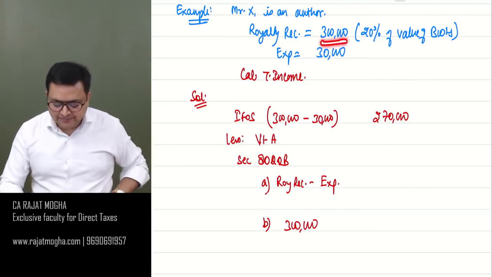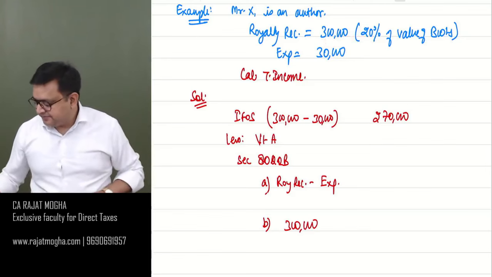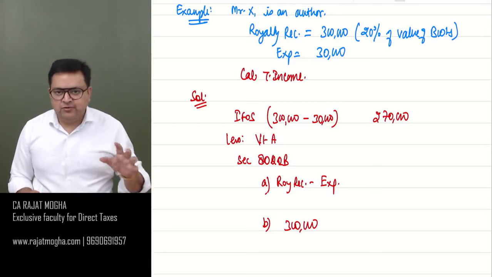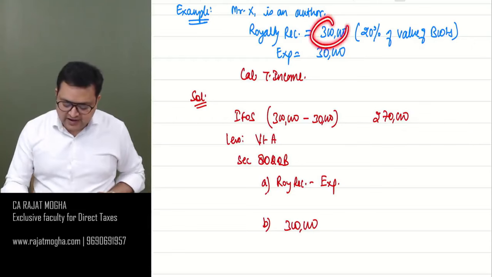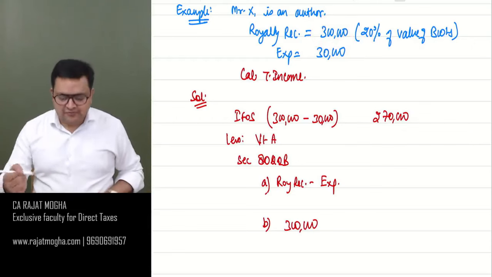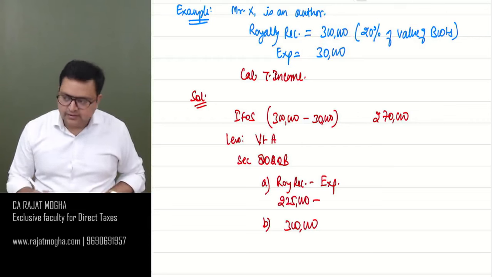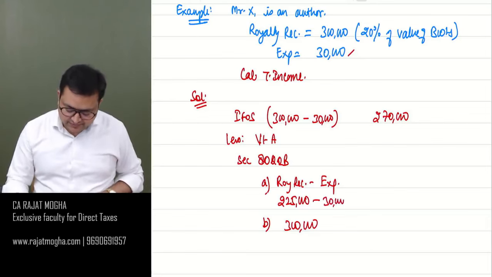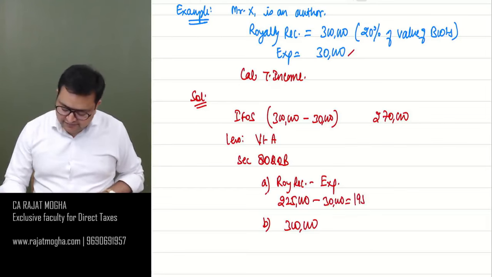So 3 lakh is equal to 20%; how much is equal to 15%? 3 lakh divided by 20 into 15 is 225. I believe everybody is able to compute 225. So you will get 2 lakh 25,000 minus expenses 30,000, which is 195.